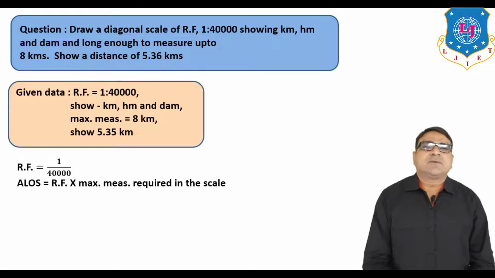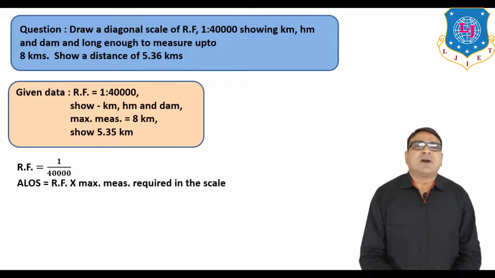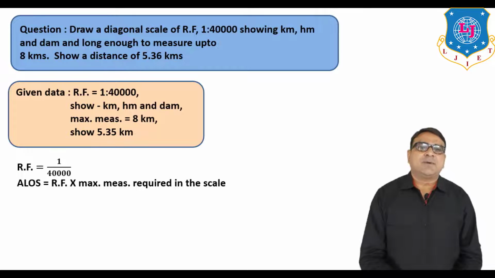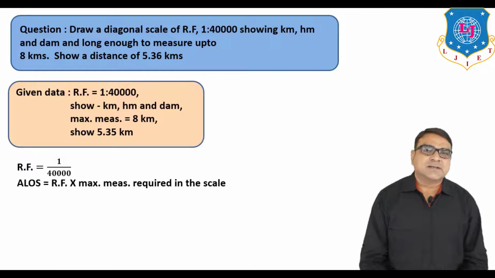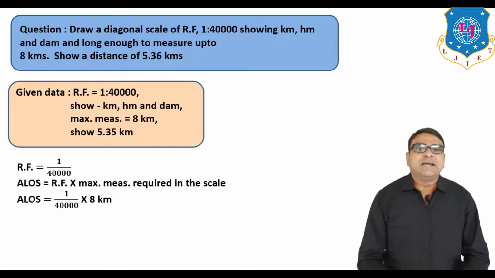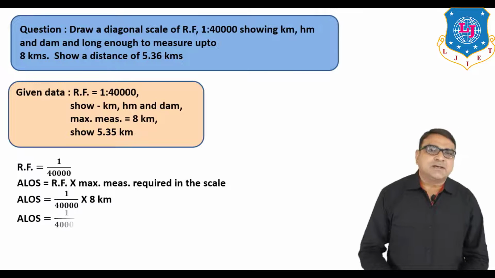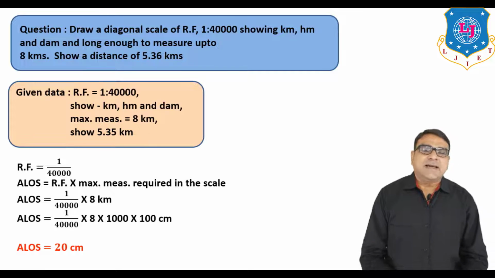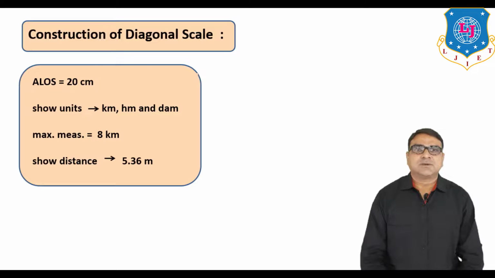So RF is given 1 by 40,000. First of all, find out the actual length of scale. The equation is RF multiplied by the maximum measurement required in the scale. Then convert the kilometer unit into centimeter. So finally we will have the actual length of scale is 20 centimeter. So how to construct diagonal scales?